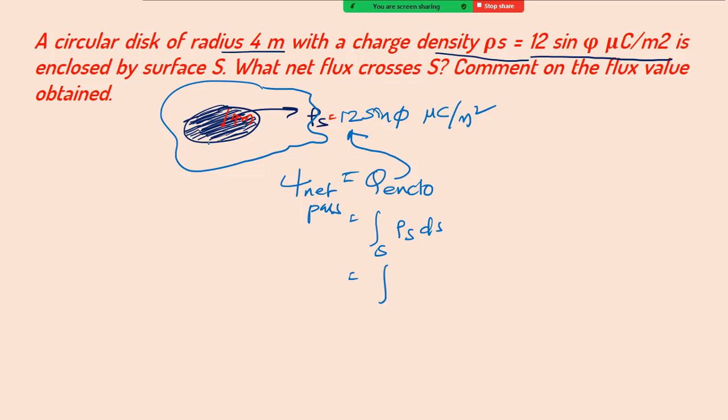So it is equal to the integral. This is the circular disc. Circular disc means it is formed because of the changes in rho and phi, so we can take cylindrical coordinates. Due to the changes in rho, how can we tell?